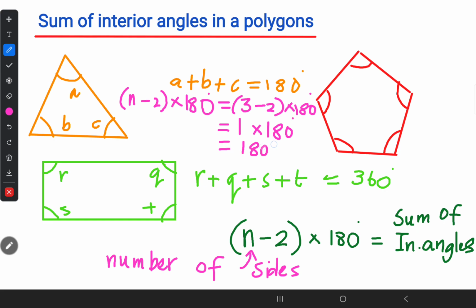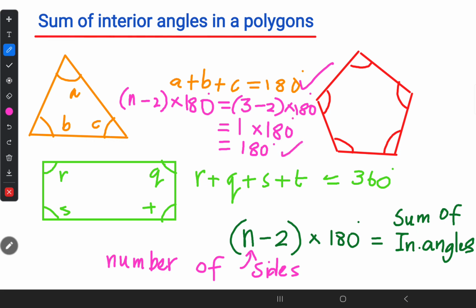Simple. We just substituted the known values into the formula to check whether the condition was satisfied. Yes, here also we know that this is 180. Hence that's proved.